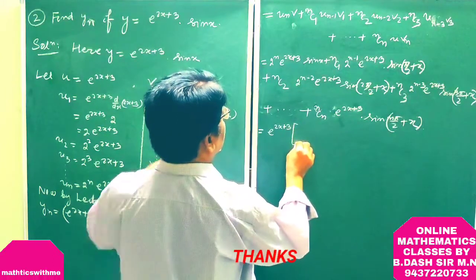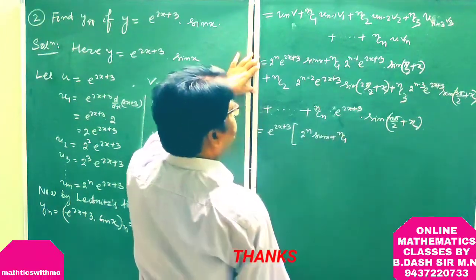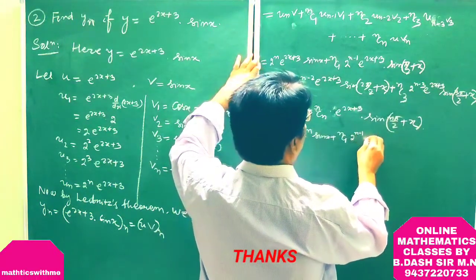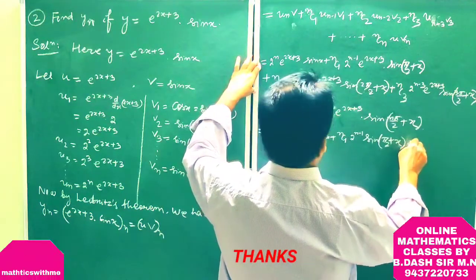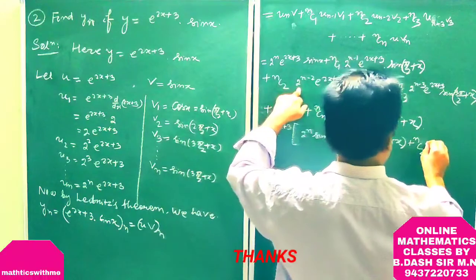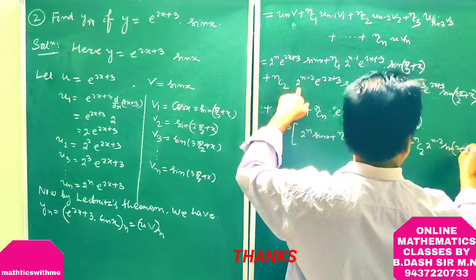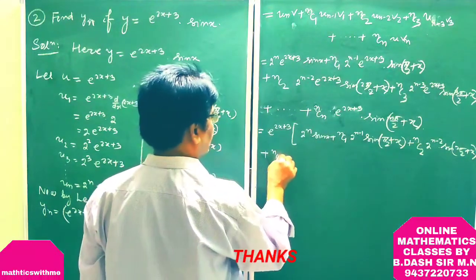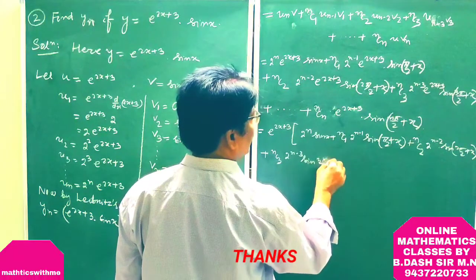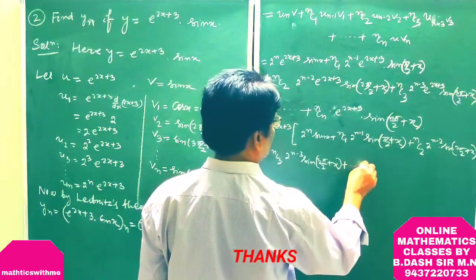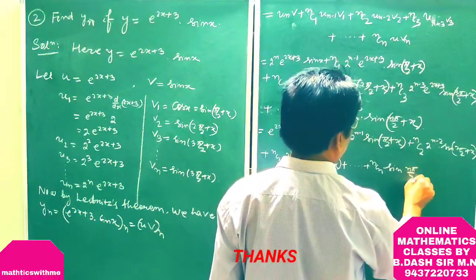Taking e to the power 2x plus 3 common, we get 2 to the power n sin x, plus n c 1 2 to the power n minus 1 sin of pi by 2 plus x, plus n c 2 2 to the power n minus 2 sin of 2 pi by 2 plus x, plus n c 3 2 to the power n minus 3 sin of 3 pi by 2 plus x, plus and so on, plus n c n sin of n pi by 2 plus x.